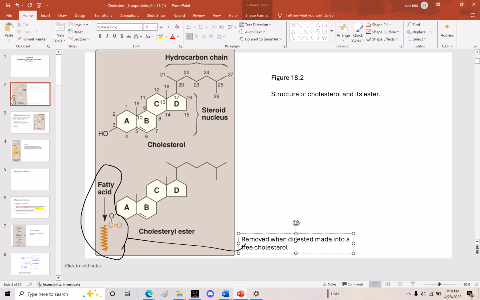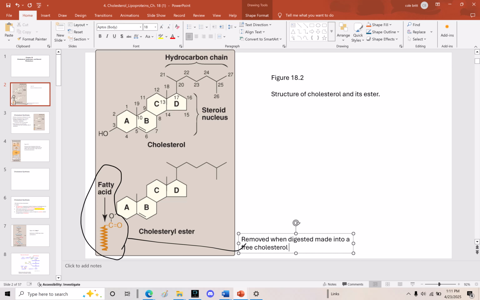And whenever you want to put a fatty acid on something, you're going to use an acyl transferase. So an acyl transferase will put the fatty acid on. An esterase will take that fatty acid off the cholesterol. So an esterase takes it off, an acyl transferase puts it on.